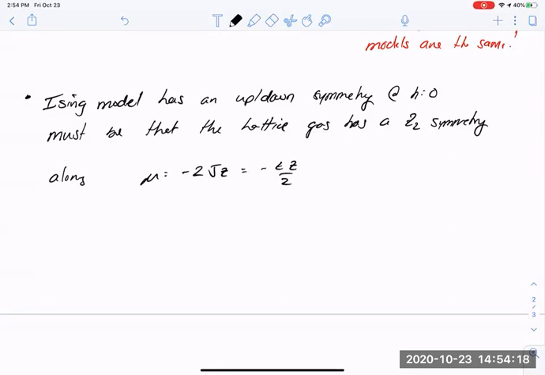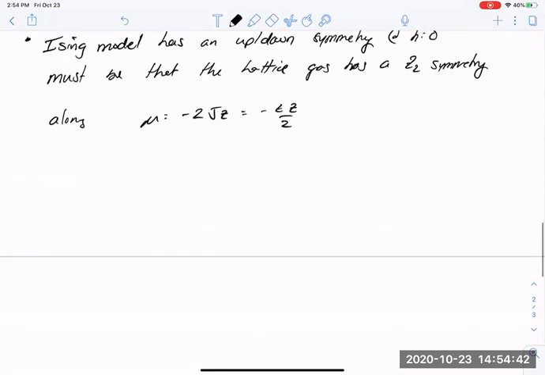That is a symmetry line along which configurations of the lattice gas with some amount of filled and unoccupied sites is equivalent to inverting all of the filled sites to unoccupied sites and all of the empty sites to filled sites.